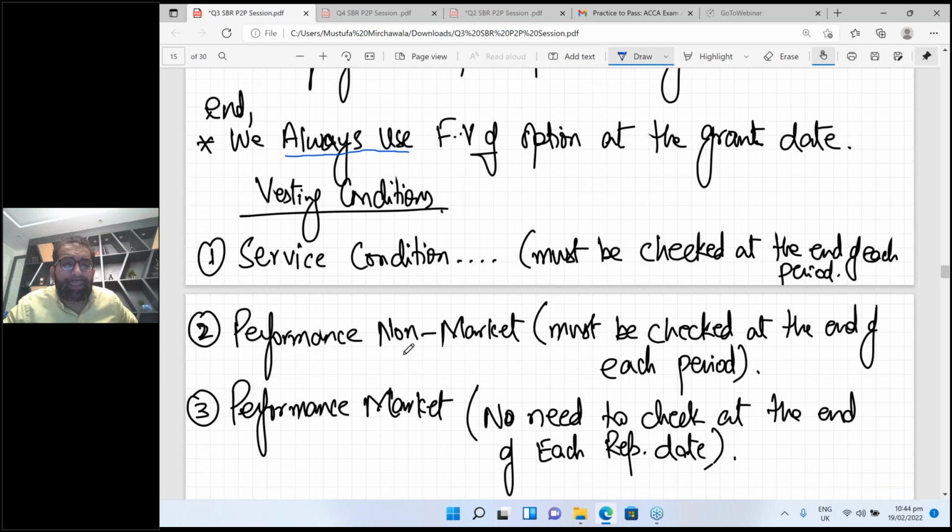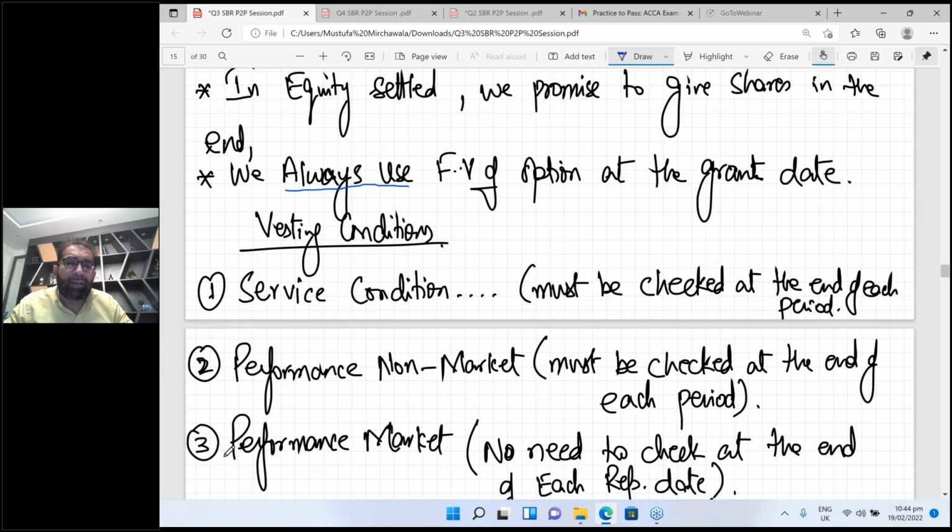Now the last and the different one, performance market condition. For example, you gave a target of share price to your employee. In performance market condition, each and every probability is taken into the fair value of the option at the grant date by statistical tools.